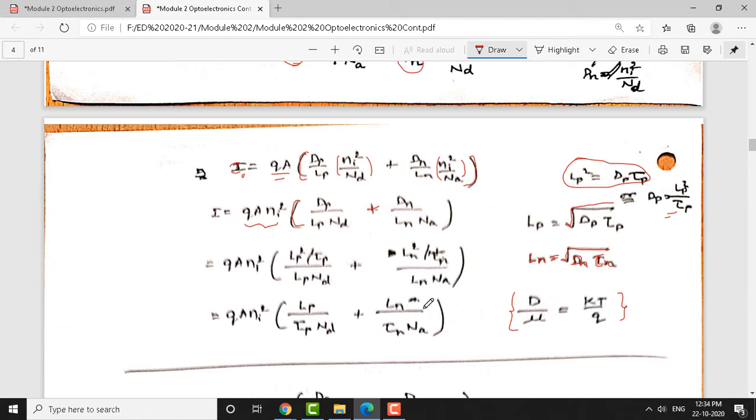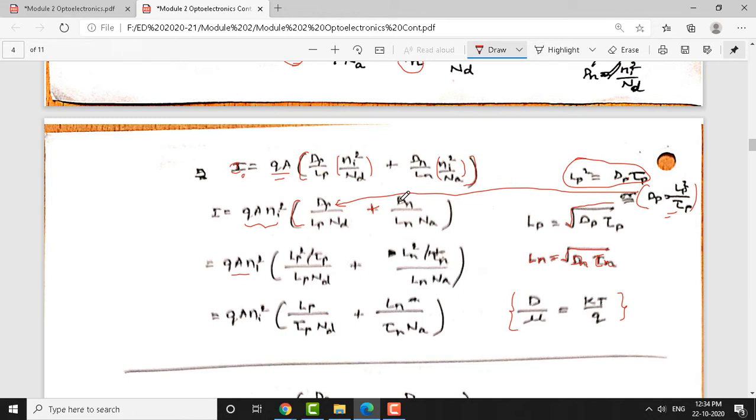Okay. So, now we can substitute these relations here. Till this equation we are already aware. This first term we are not going to change. This is kept as it is. But look at the second terms here. In place of dP, you can substitute this relation here. So, you get Lp square by tau p, and Lp Nd is kept as it is in the denominator.